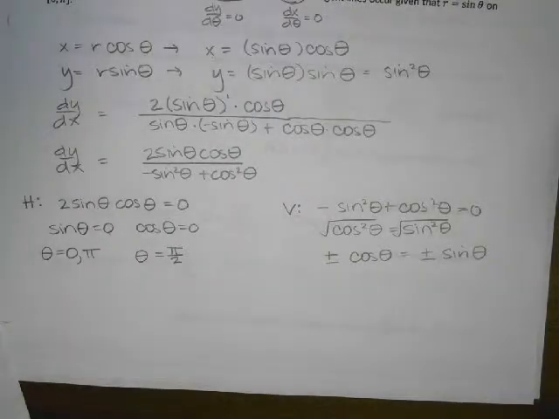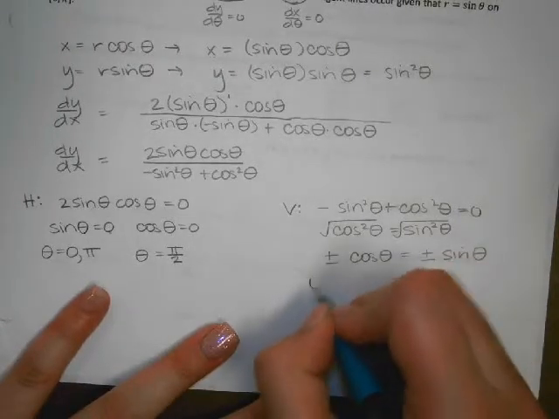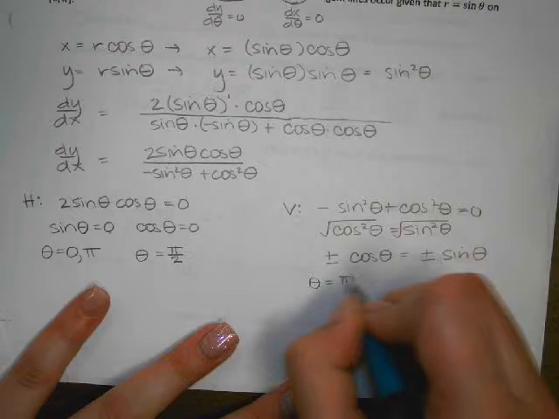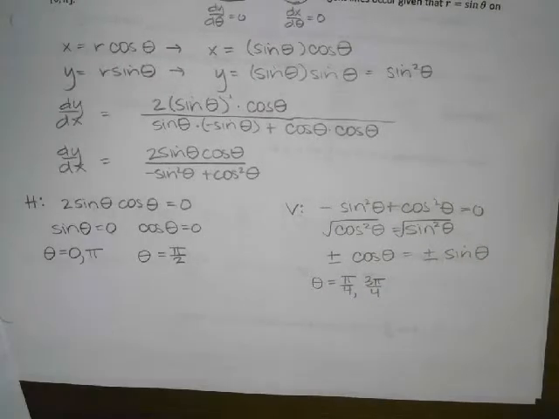And so we're basically taking all the points where there's a root 2 over 2. And so on the unit circle, that means we're looking at pi fourths and 3 pi fourths. We would be looking at 5 pi fourths and 7 pi fourths. Except that those are not between 0 and pi. And so that means that these are the answers we have.